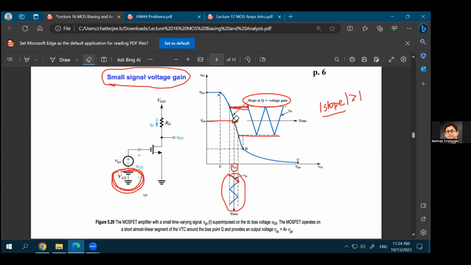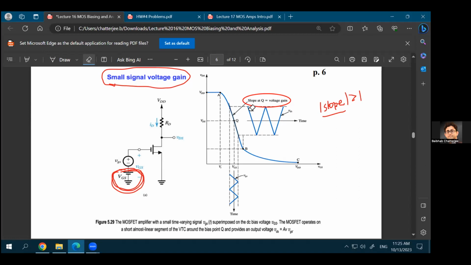Let me just remove this so that it is clear how from the small input we are getting this large output. You take these dotted lines and move across them, which gives you an idea about what the VGS is corresponding to the minimum value of your input and what the corresponding output voltage value is on top of this VTC. The voltage transfer characteristic gives you the value of your output voltage corresponding to any input voltage, right?